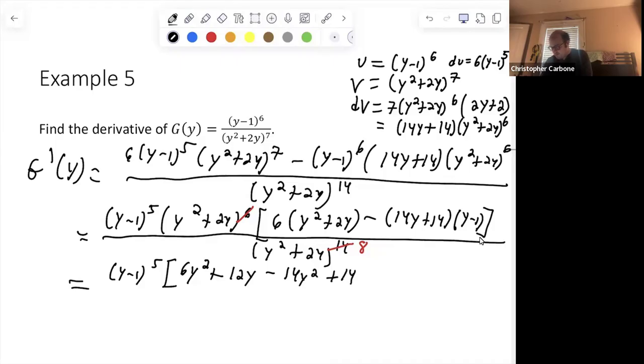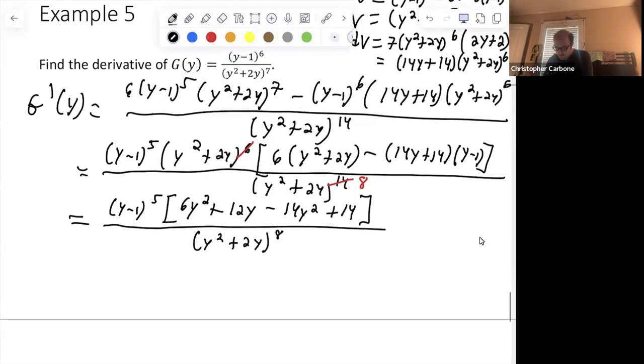But since we had a negative in front of it, that'll be a plus 14. All divided by (y squared plus 2y) to the 8th power.